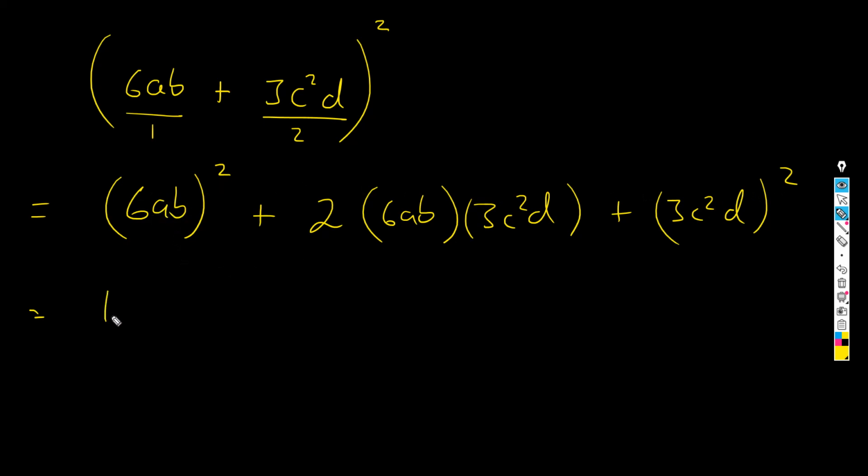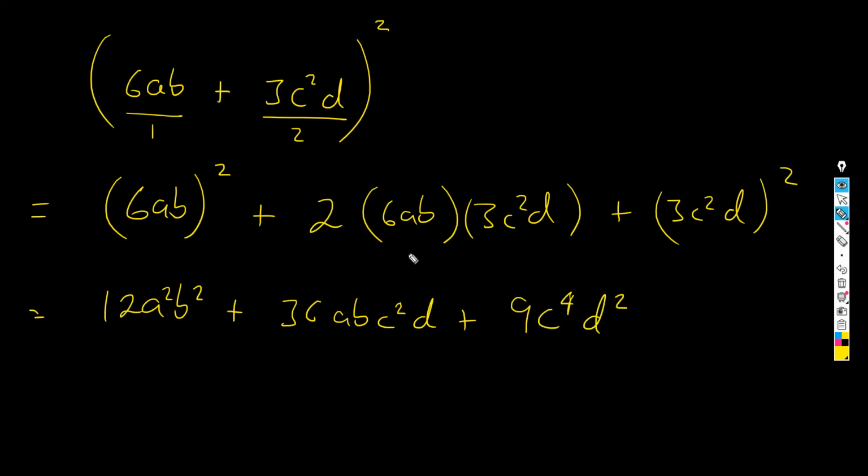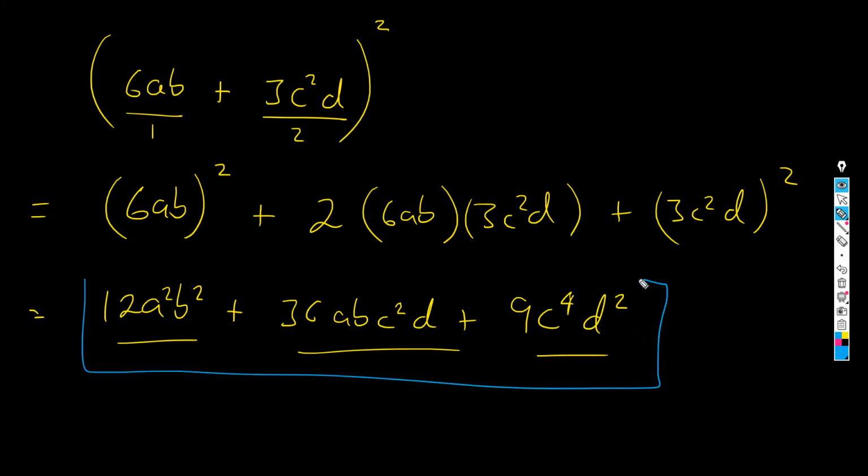All of these to the square will give you 36 a squared b squared, plus all of this stuff will give you, let's see, 36 if I'm not mistaken. Yes, that's right, 36ab c squared d, plus all of these to the square will give you 9c to the 4 d to the square. You can pause the video and make sure that all of these things that I'm giving you are in fact true or correct. So this is your full answer.